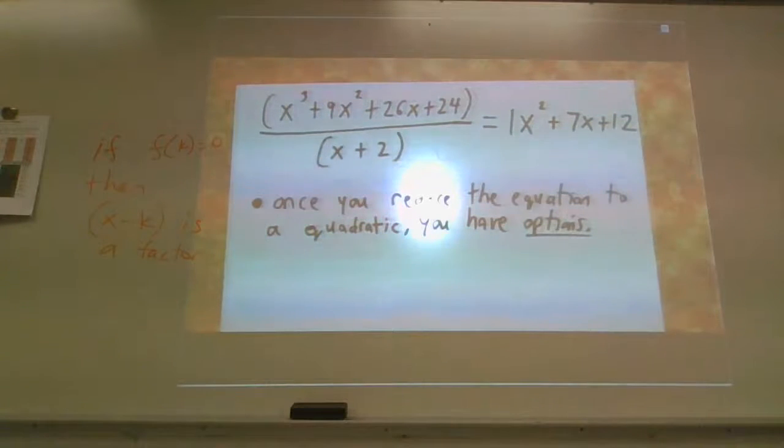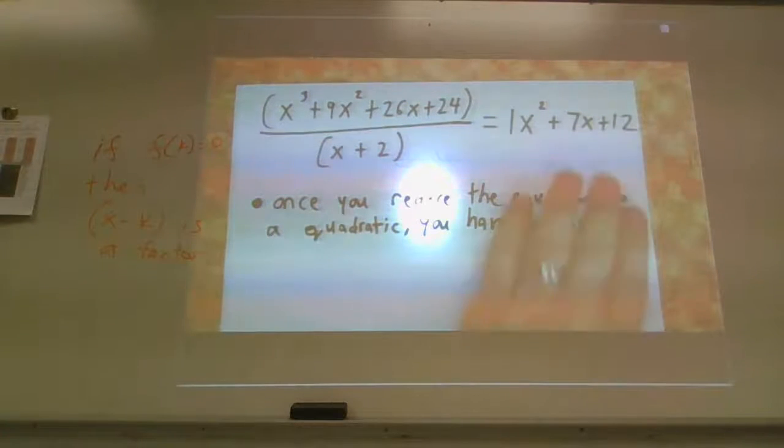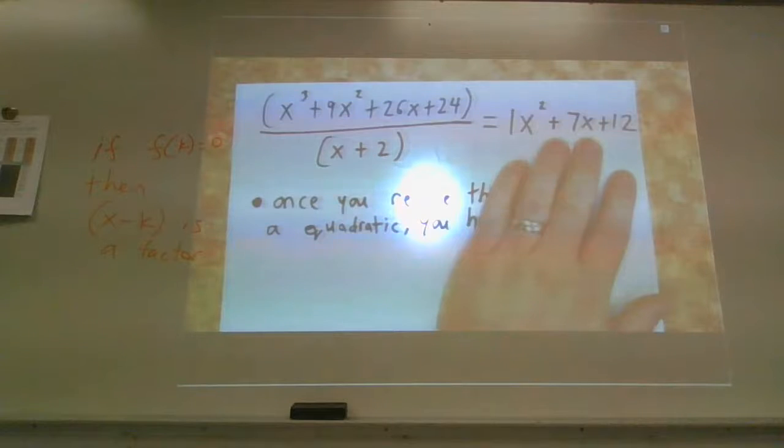We have taken this cubic, this third degree polynomial, and we have divided out a factor, leaving you with a quadratic, something we've been doing since the beginning of the year.